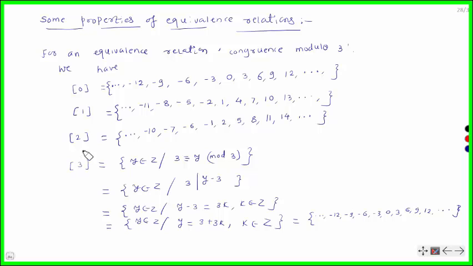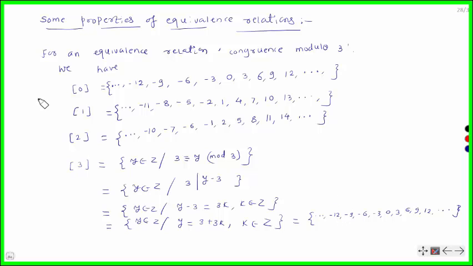Observe here that the equivalence class containing 0 and the equivalence class containing 3 are same.